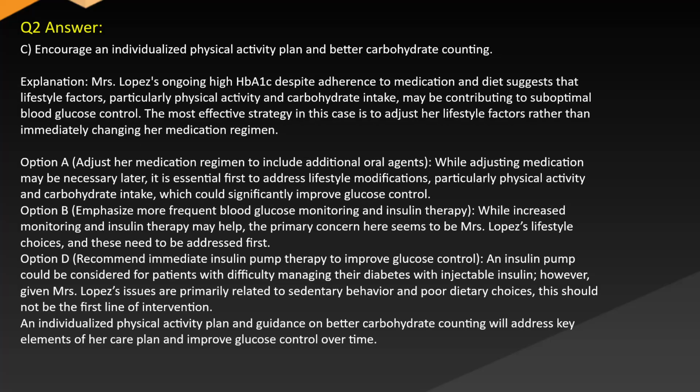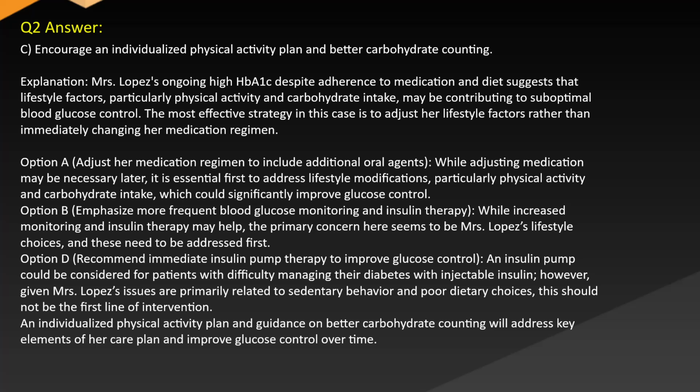Correct answer: C. Encourage an individualized physical activity plan and better carbohydrate counting. Explanation: Mrs. Lopez's ongoing high HbA1c despite adherence to medication and diet suggests that lifestyle factors, particularly physical activity and carbohydrate intake, may be contributing to suboptimal blood glucose control.